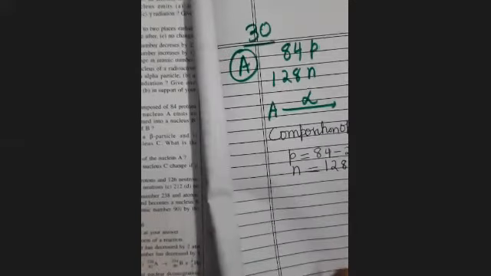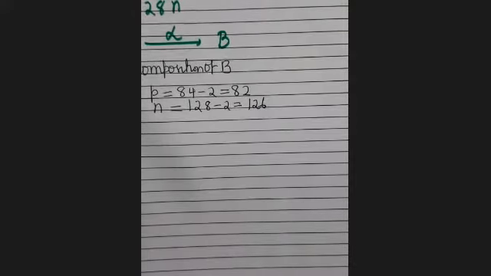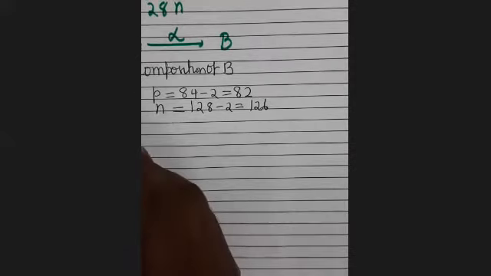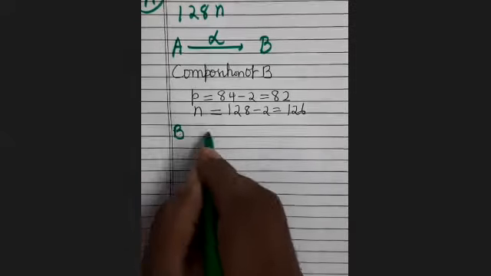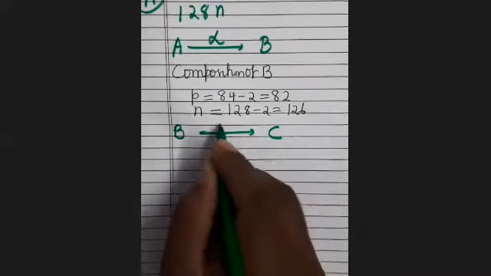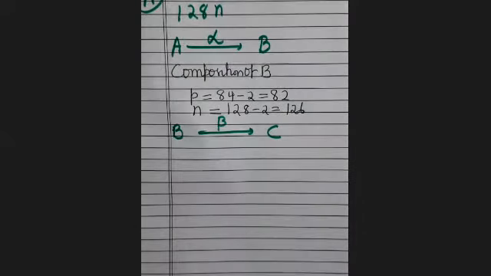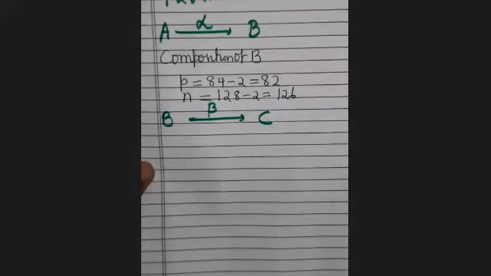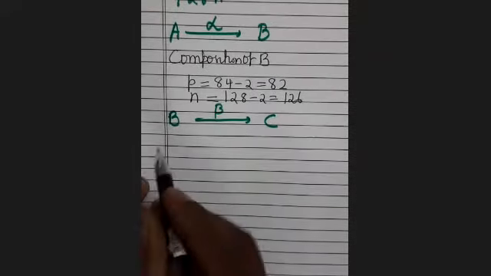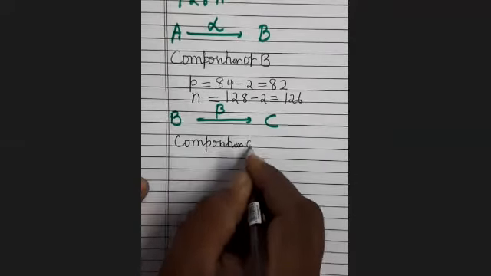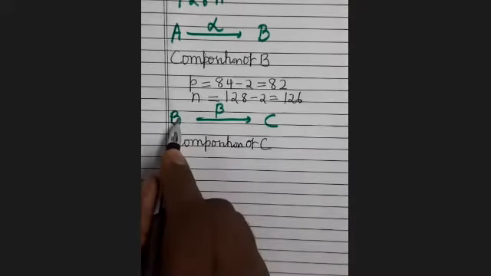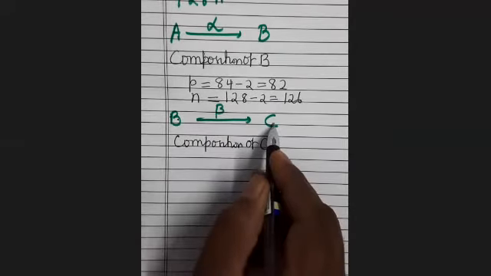Then nucleus B emits a beta particle and transforms into the nucleus C. B is emitting a beta particle and becomes C. You can see here. Now you have to explain what is the composition of C. You can see here, this is the parent nucleus, this is the daughter nucleus.